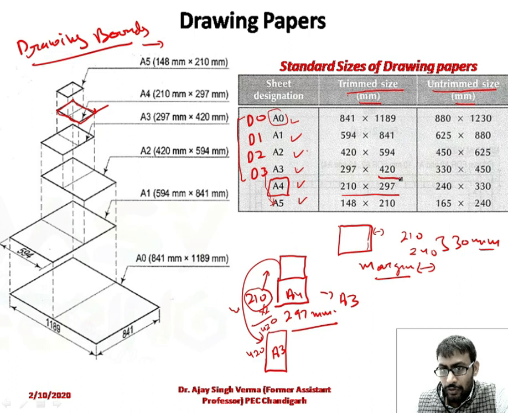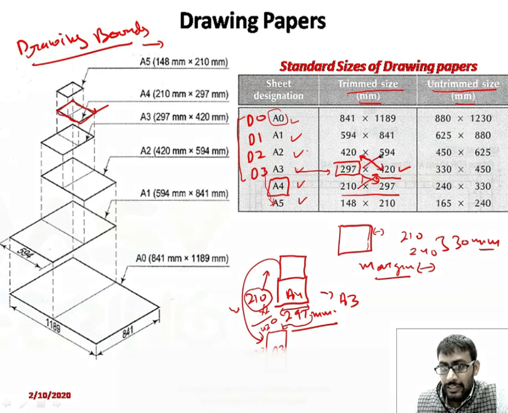This 420 mm is the length, and the 297 mm length of the A4 becomes the width of the A3. Is it right? You can cross check it in the front. Yes, 297. So this has a relation of equality, and this has a relation of twice.